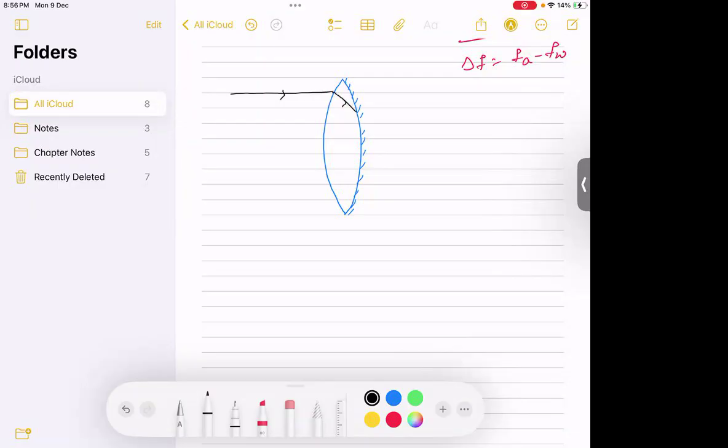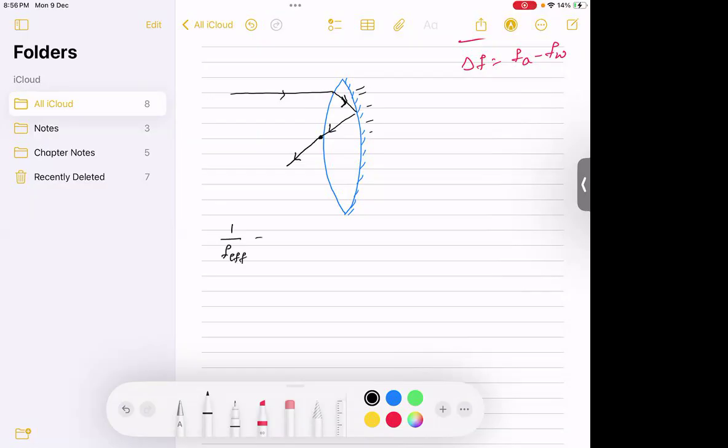After refraction, it gets reflected. Why does it get reflected? Because it is silvered. Once again, at this surface, it has to undergo refraction. So, what will be the effective focal length of this combination?